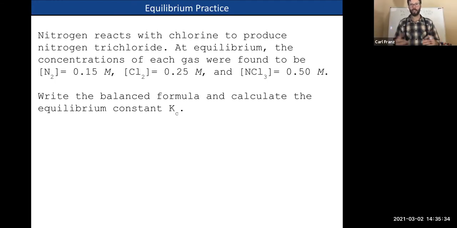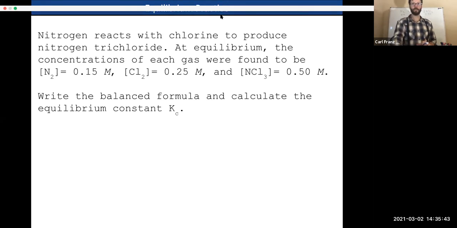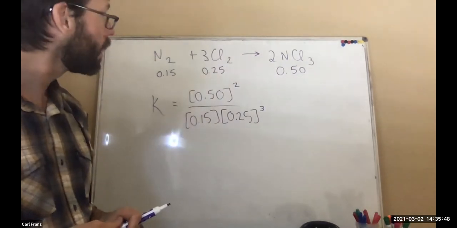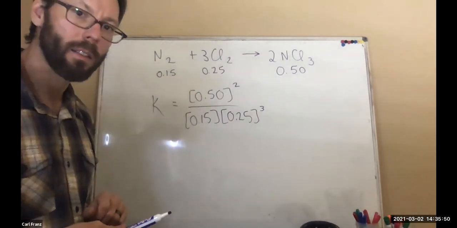Now you have your coefficients, and you use those and the concentrations to write your equilibrium expression. Which I did right here. Products over reactants.